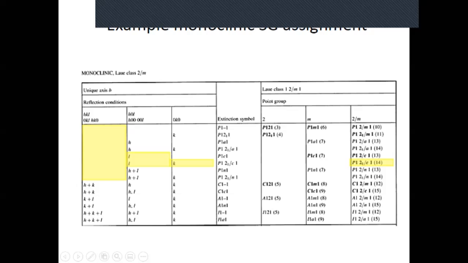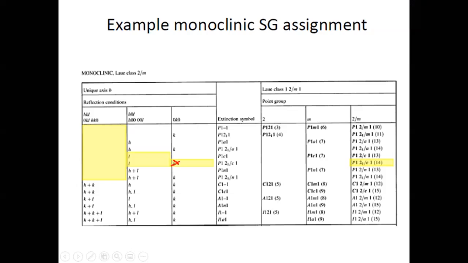Now if this reflection condition wasn't present, then we would just have either Pc or P2/c. So here we have a non-centrosymmetric and a centrosymmetric space group. We would try both of these to see which one is the correct space group if, for example, there were no 0K0 restrictions.